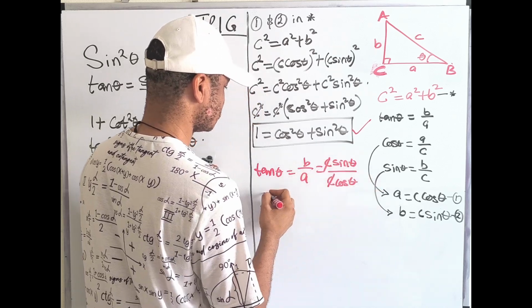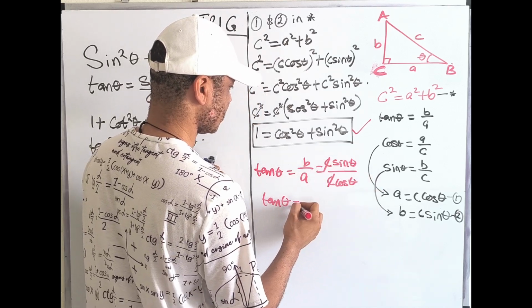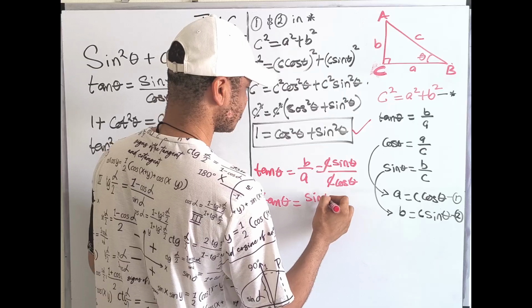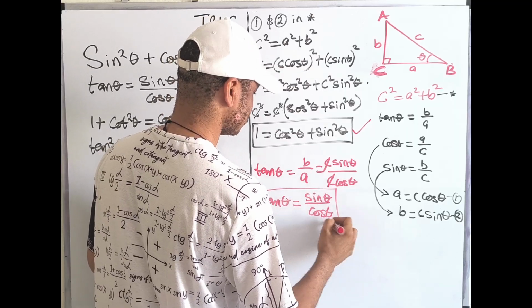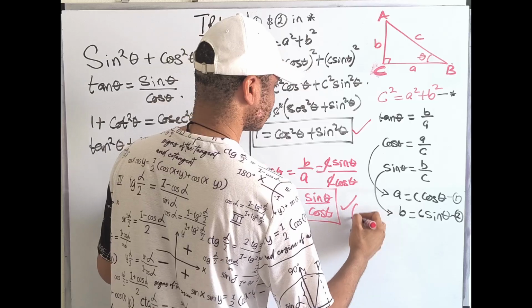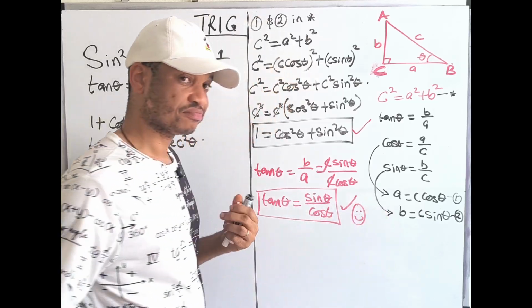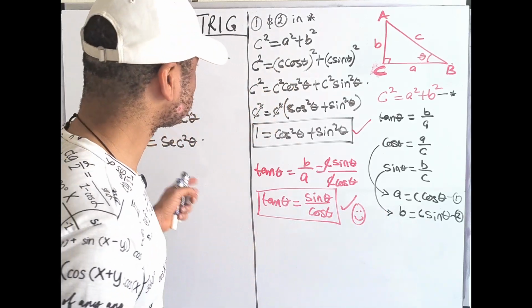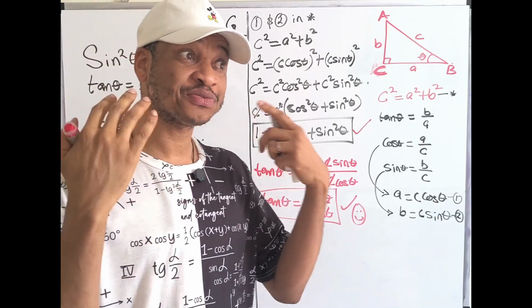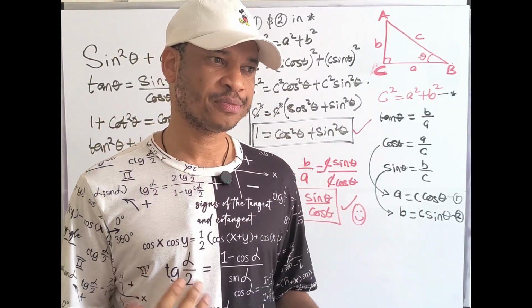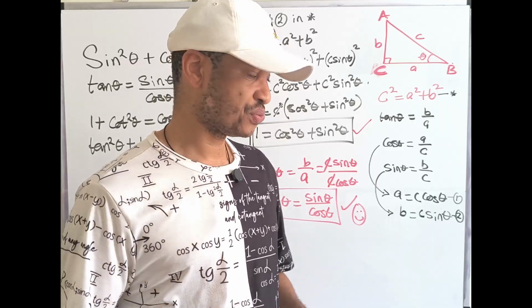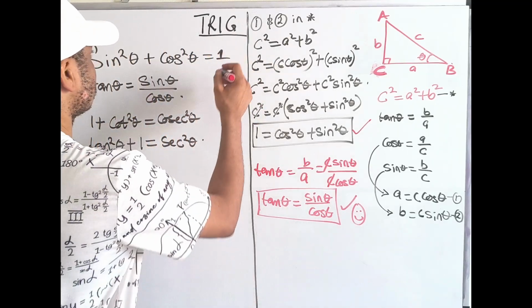This cancels this, so tan theta is sine theta over cos theta. So this is my second equation. Beauty, right? It was not just for you to memorize. This is an extension of Pythagoras theorem. You're just adding trig functions to it. All right, so now this is done.